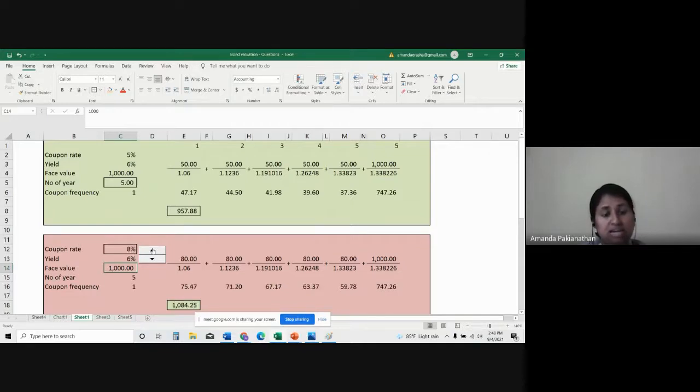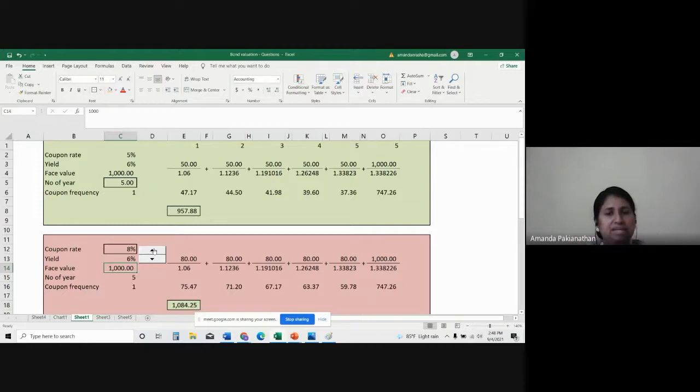Coupon rate is higher than the yield rate. Coupon rate is 8%. Now can you see the value of this bond is higher than the face value. Here, what am I comparing? I am comparing the coupon rate with the yield rate.